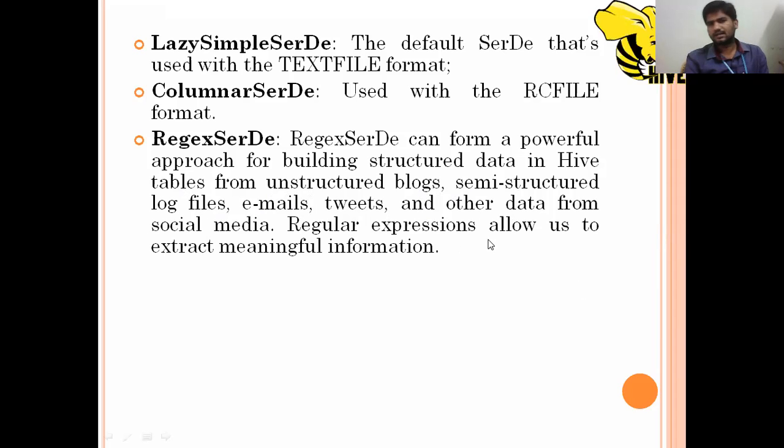Regular expressions allow us to extract meaningful information. Whatever type of data we collect, we segregate it and keep it in a structured format in a file. Those files we keep in a data warehouse.